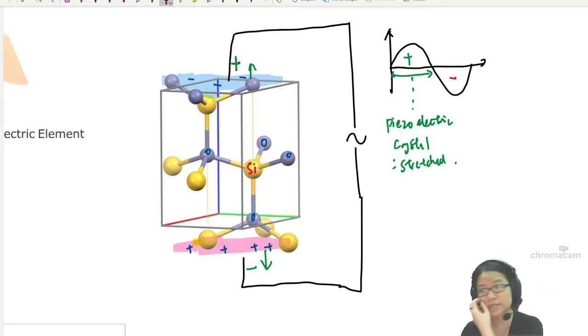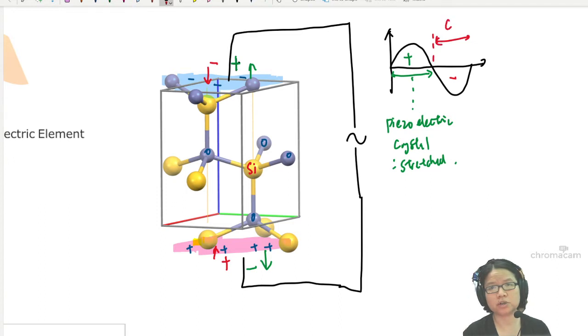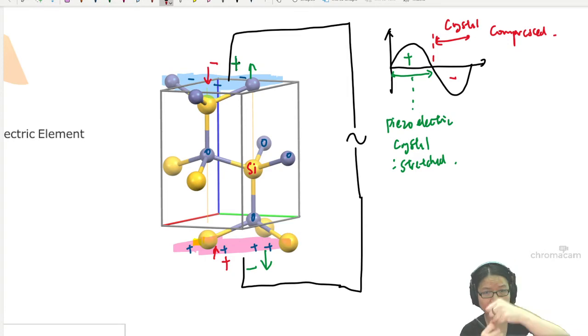Let's say now it's on the negative half cycle. Then this is negative and this is positive. So they will repel. I don't like the negative phase. I don't like the positive phase. From here to here, the crystal is compressed. And because this alternating current has a certain frequency, the crystal will stretch, compress, stretch, compress, stretch, compress, stretch, and compress.